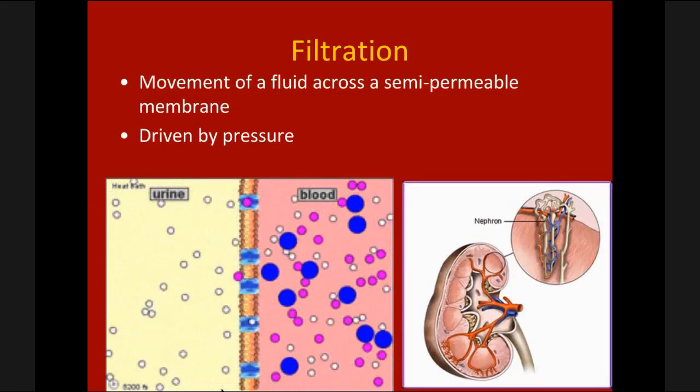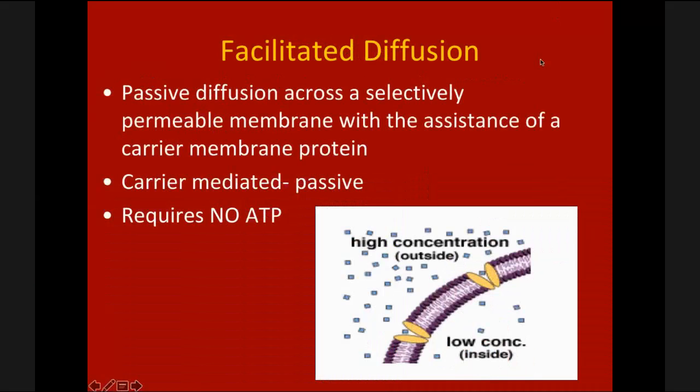All right. And then the last category is facilitated diffusion. It's diffusion, so you're still using molecular motion as your energy source. You're still moving from a high concentration to a low concentration. You can still only move across a plasma membrane if the membrane is permeable to that molecule.